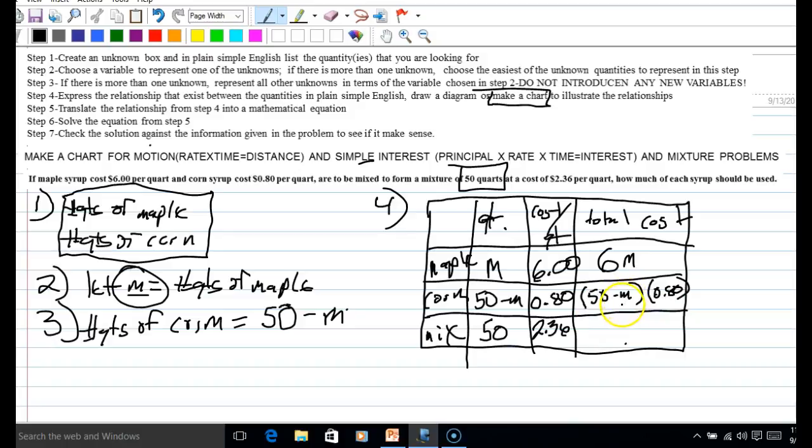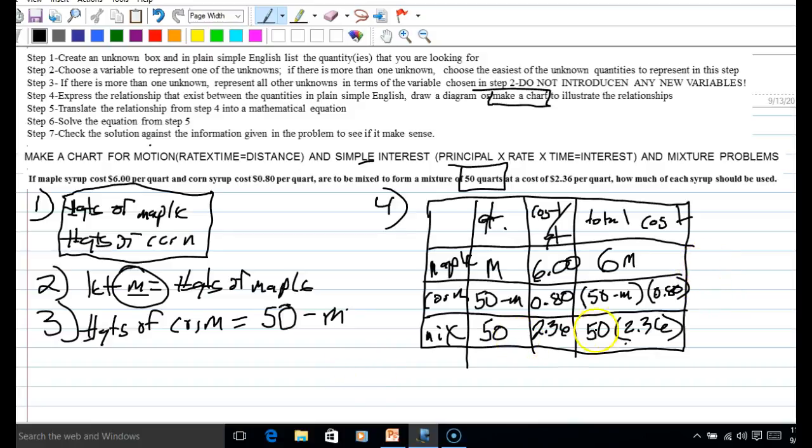So the total cost of the mixture is $2.36 per quart, and I made 50 quarts. So the total cost of the mixture would be the number of quarts times the cost per quart, which is 50 times $2.36.